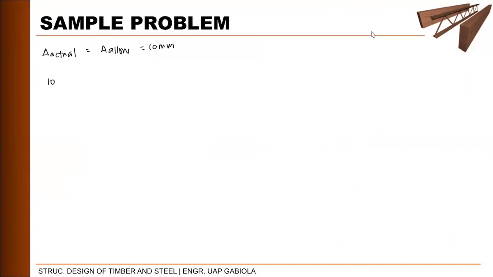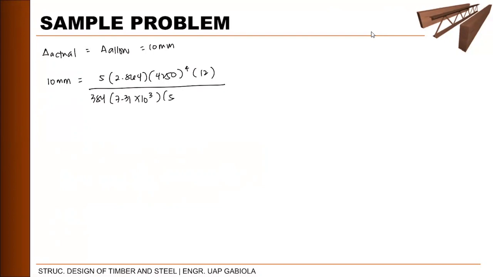So, 10 mm is equal to 5 times W, which is 2.864, times 4,250 to the fourth times 12 all over 384 times 7.31 times 10 cube times 50, and then hindi natin alam yung depth na masasatisfy siya. Cube.